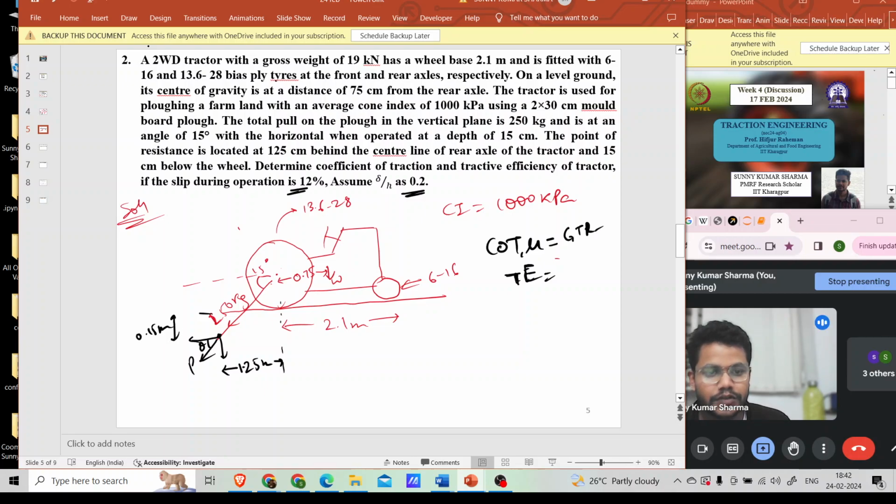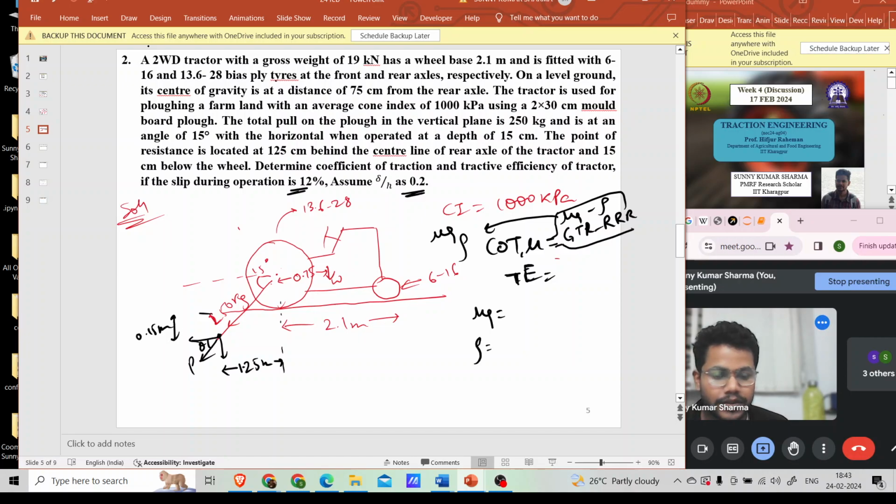It is the gross traction ratio minus the rolling resistance ratio. If it is denoted as mu g, then mu g minus rho is the coefficient of traction. So basically we have to calculate mu g and rho. We will use Brix's equation because that gives better performance. And according to Brix, what is mu g?